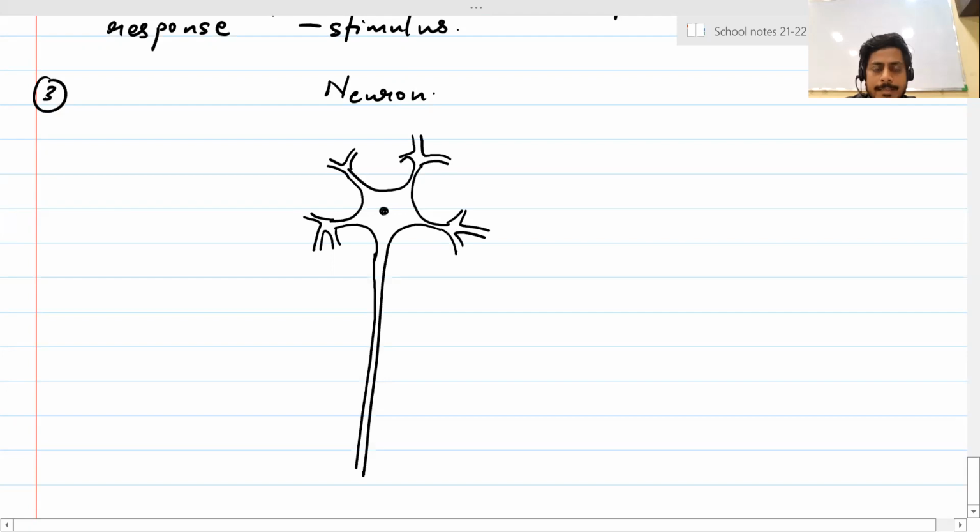You can draw the nucleus, make the Nissl's granules, make the myelin sheath. It's a discontinuous structure. And when you make the myelin sheath, you shade it.